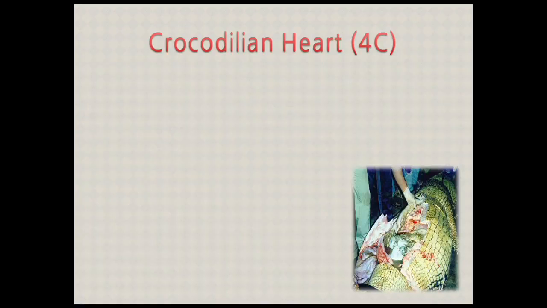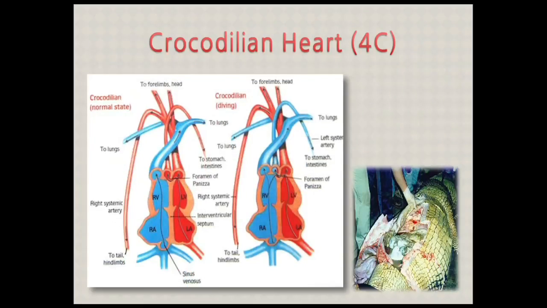You can see the typical structure of the heart of a crocodile, and you can very well see we have the four chambers. This picture shows the typical four chambers of the crocodilian heart. We have a left atrium, a right atrium, a left ventricle and a right ventricle. Now, why have I given you two diagrams of the crocodilian heart?